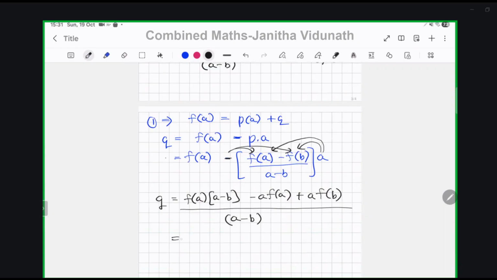Now from here we can simplify this bracket also.